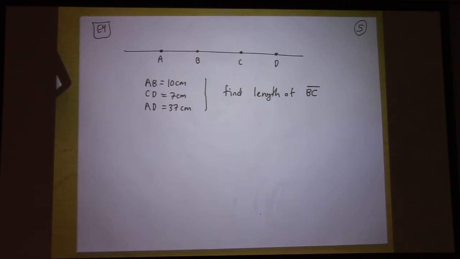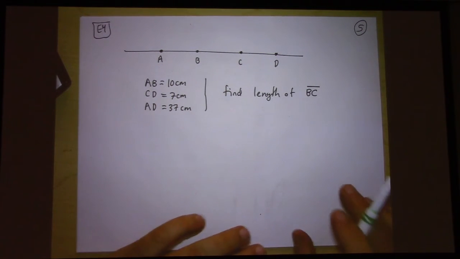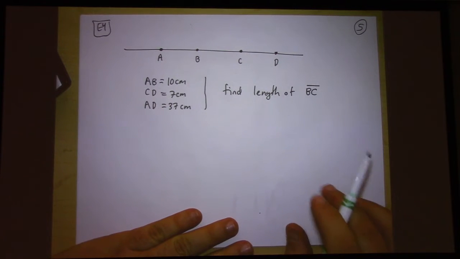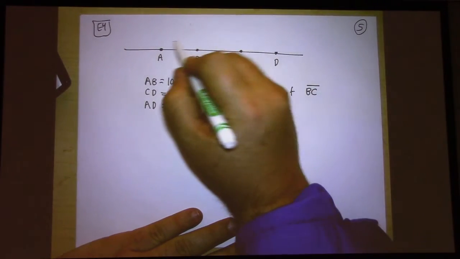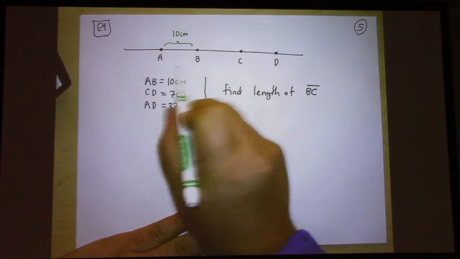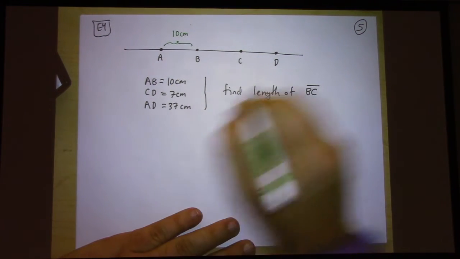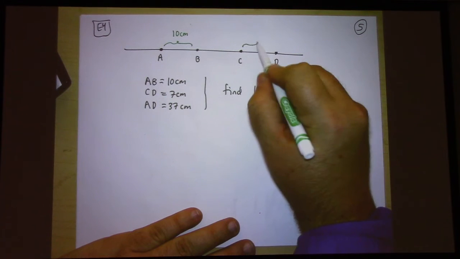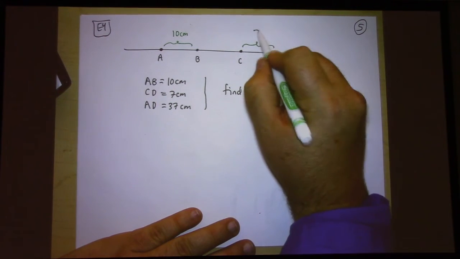Let's see here. So what I do when I'm faced with a problem like this is I just try to draw on the picture and try to understand what the numbers mean directly in terms of the geometry here, in terms of the picture. So AB is 10, right? So it's 10 centimeters from here to here, right? CD is 7 centimeters, so it's 7 centimeters from here to here, right?